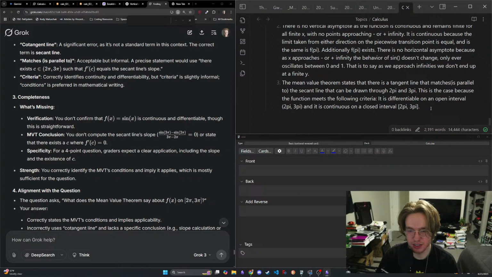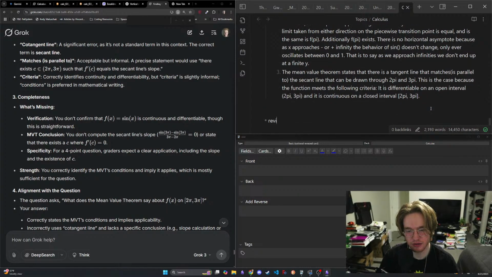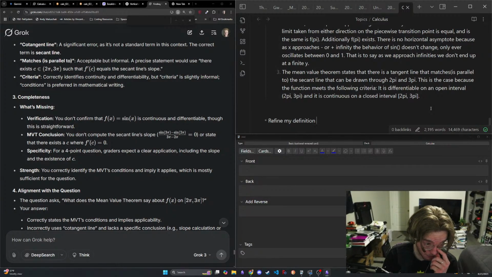We're good there. I do want to refine my definition. When you're interacting with a particular domain of knowledge, it's important to understand the important meta things within that domain. I haven't interacted with mathematics in a long, long time, but one thing that's clear is that Grok wants me to be really precise.